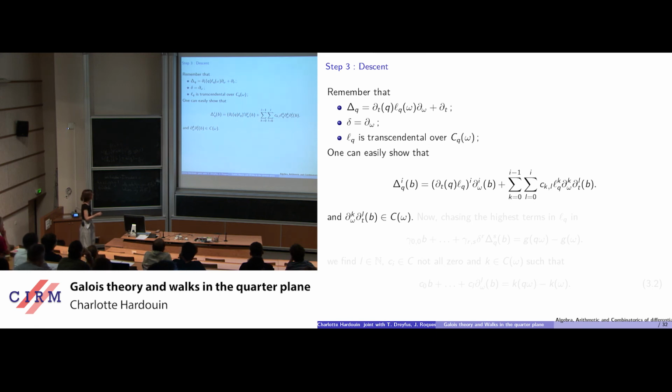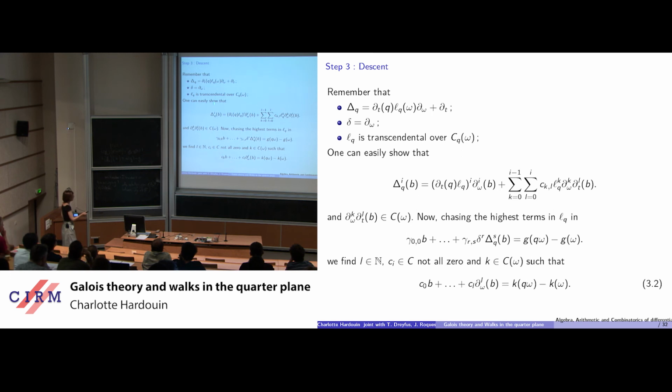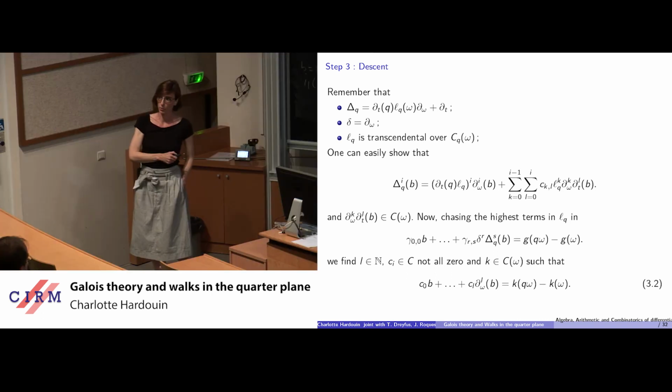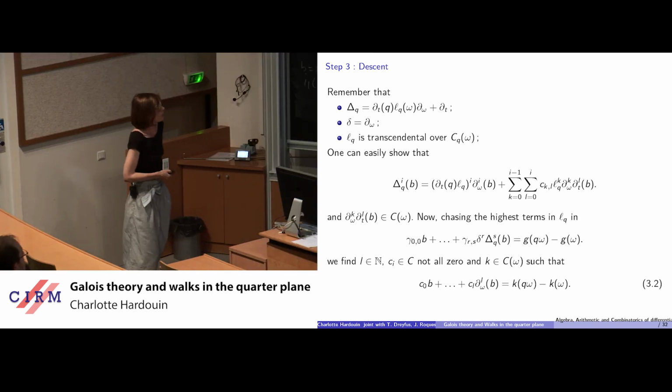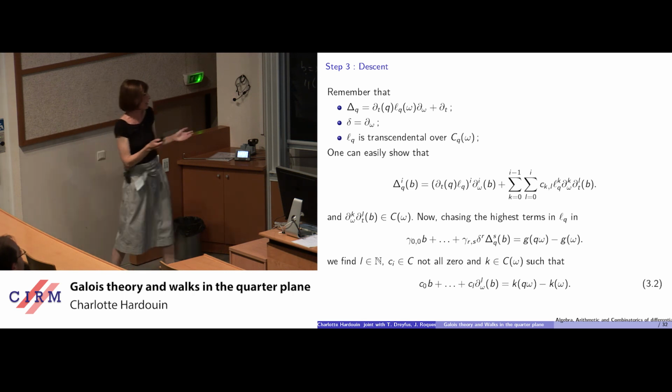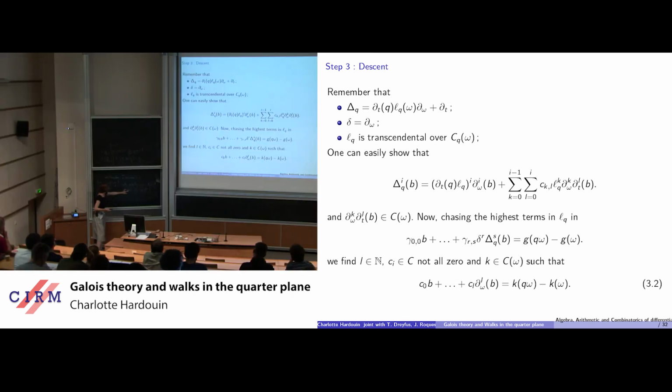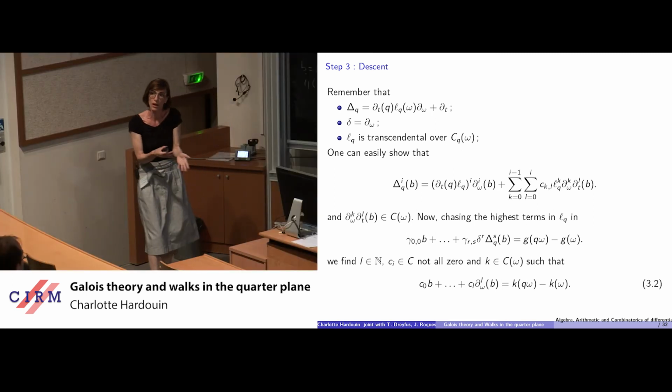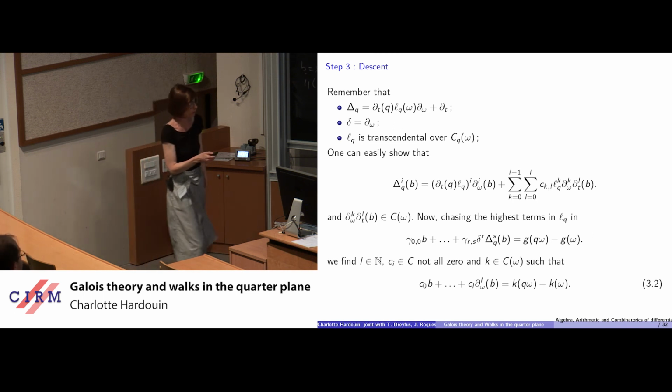So now if you write a telescoping relation in these two derivations and you chase from the highest power of LQ, with a little bit of work, you can show that it gives you a non-trivial relation of this type. So it's quite strange, but you end up saying that differential transcendence for two derivations reduces to showing differential transcendence for one derivation. It's just because the second member is very simple.